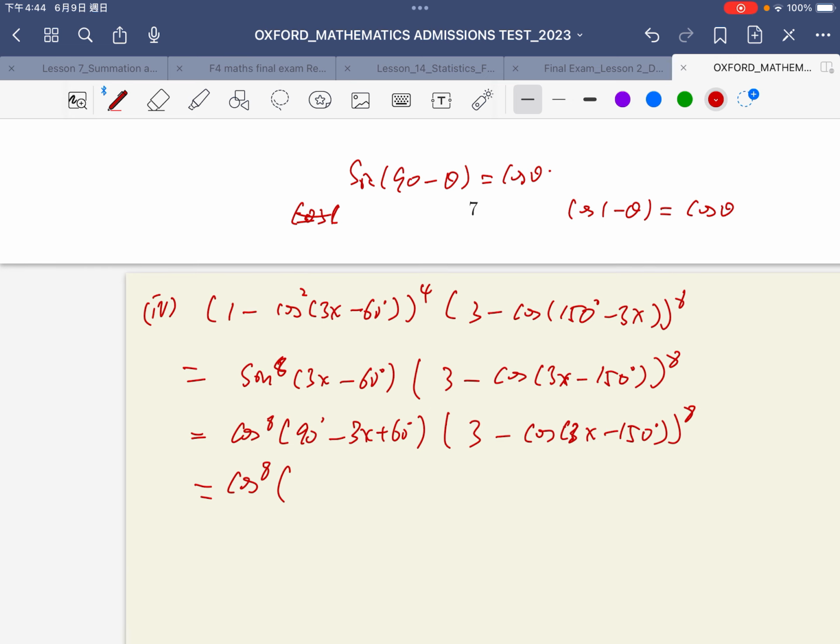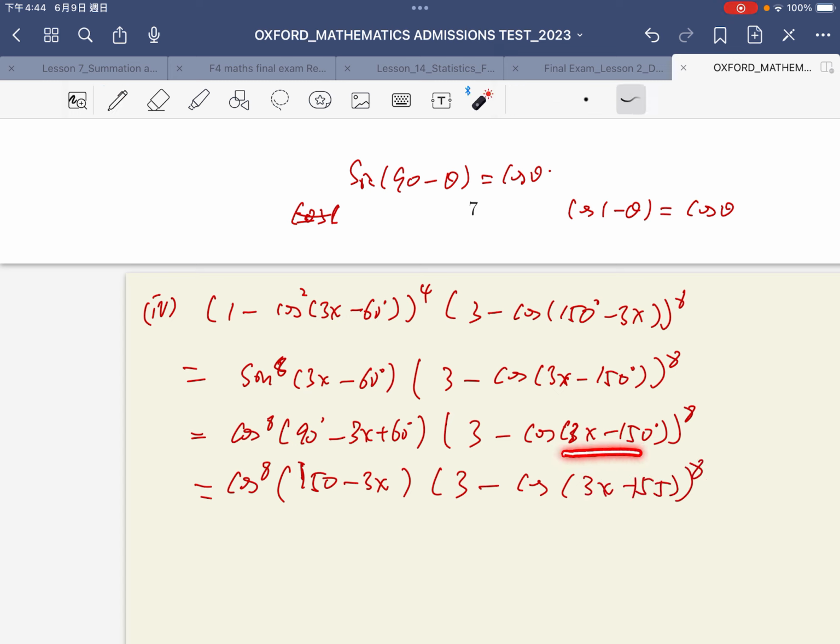And luckily, the angle is also equal to 150 minus 3x, which is basically the same as this one.